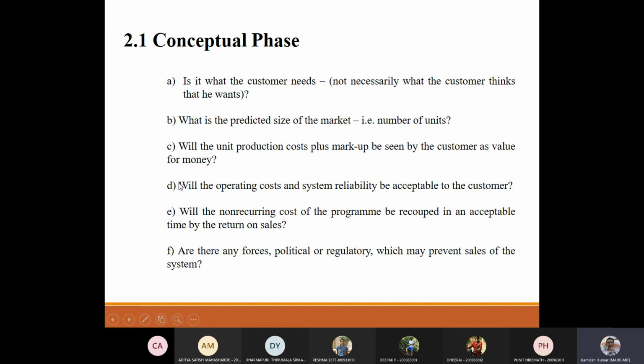The third point here: will the unit production cost plus markup be seen by the customer as value for money? This is a very important point because deployment also comes into the picture. One is the unit production cost, then plus your profit, then maybe deployment cost, all are coming. If you add all those things, is that cost a value for the customer or not?